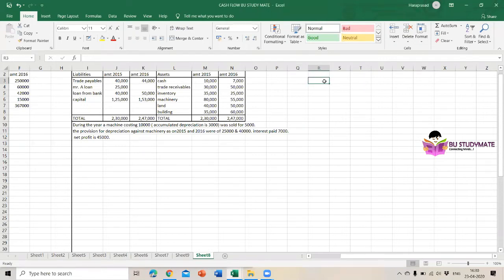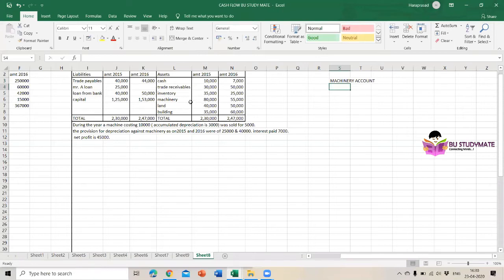Machinery account. So balance brought down, how much? Yes, tell me how much is the balance brought down?